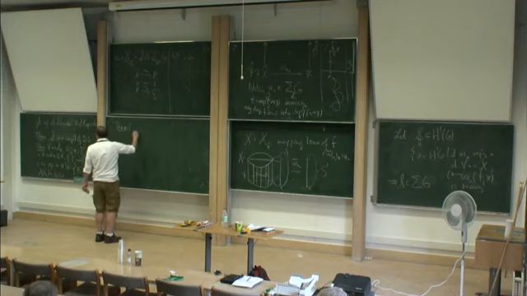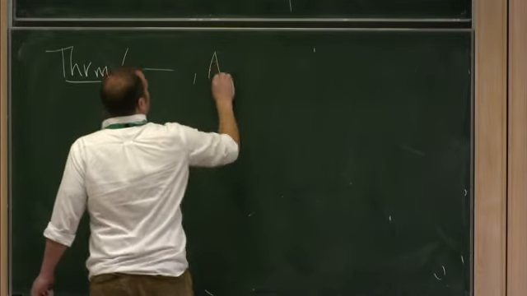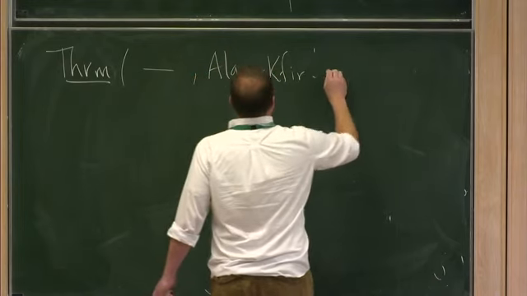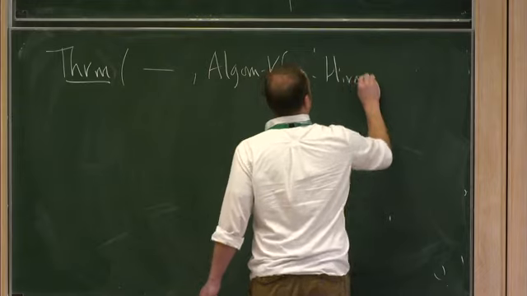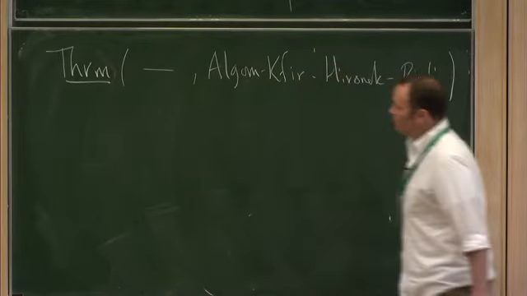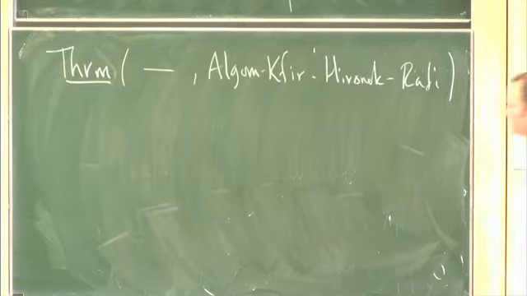So we proved this theorem, and then also Algam Kafir, Hironaka, and Rafi. So this theorem really comes from the sort of McMullen/Teichmuller polynomial.